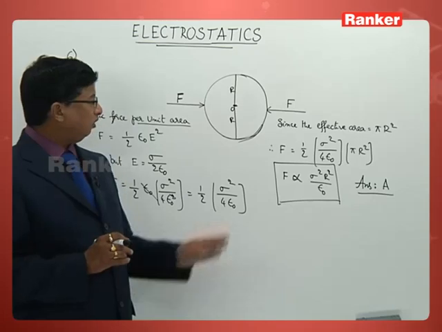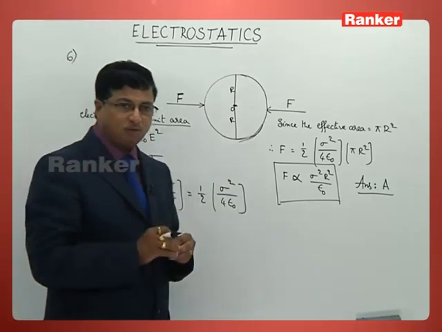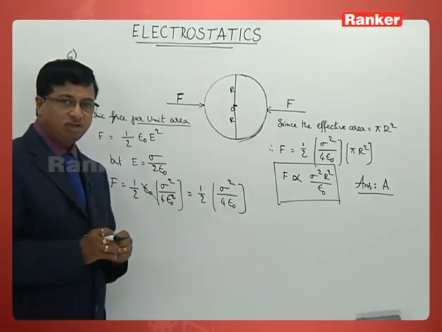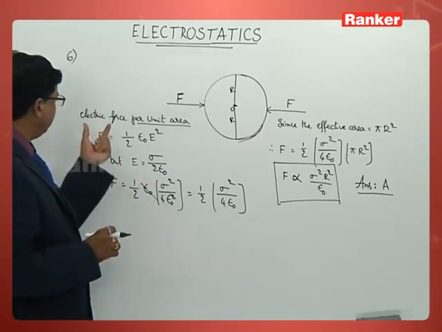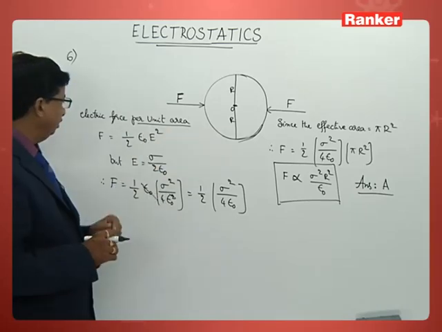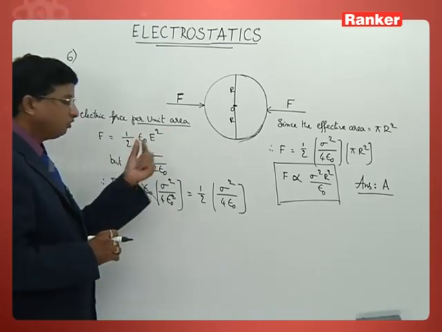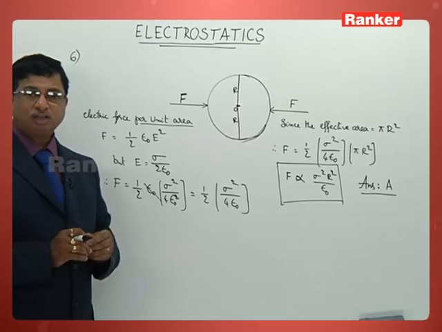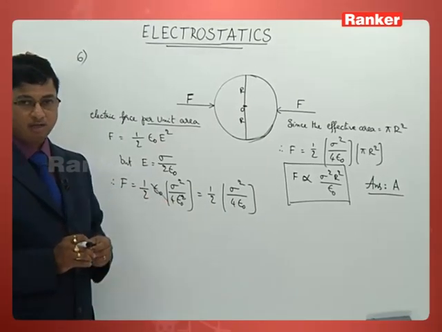Just to think of once again, in brief I will give you the formulae I have used. The very first concept is the electric force per unit area that's acting. It is half epsilon naught E square, where E is the intensity of electric field.